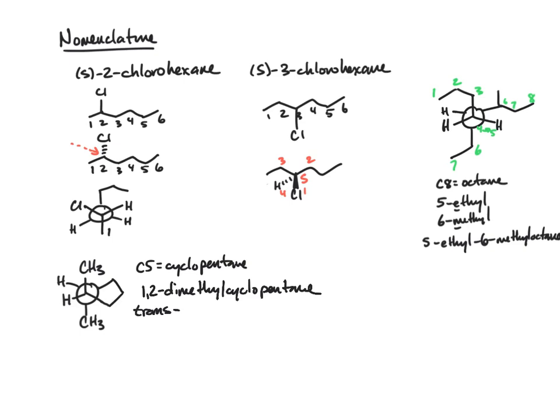So what would it look like if we put that in flatland? So say this was the first carbon, and then the back carbon would be that.